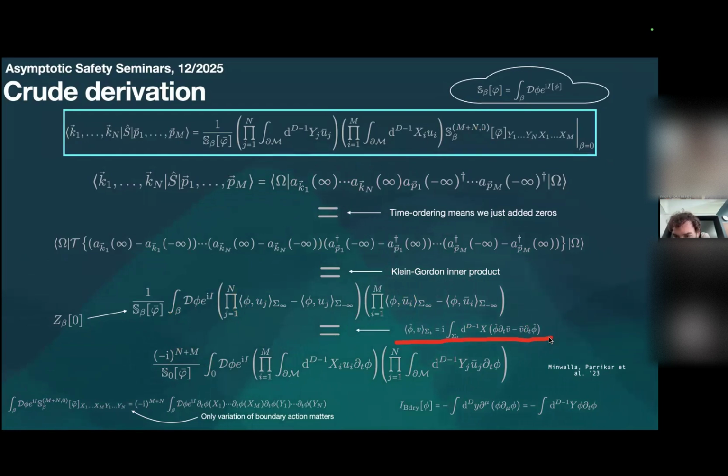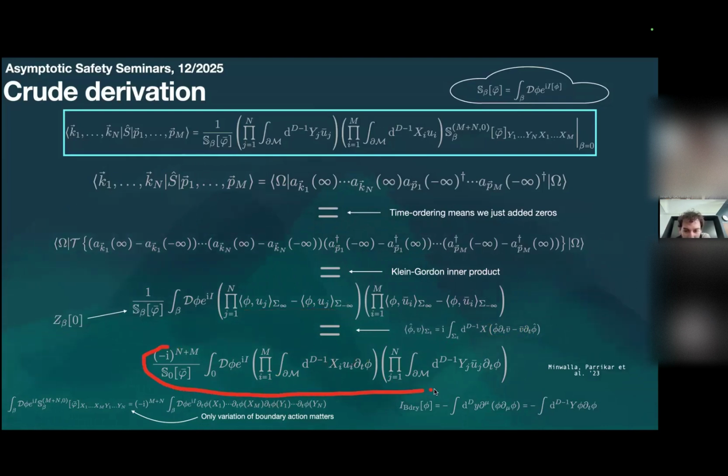But you see that if I set my boundary conditions to 0, then when I do this boundary integral, this first term will vanish. So I just recover a bunch of modes multiplied by some time derivative of my field. So here I basically rewrote the same expression, but now I have integrals over the boundary of my spacetime instead of difference of integrals at asymptotic early and asymptotic late times.